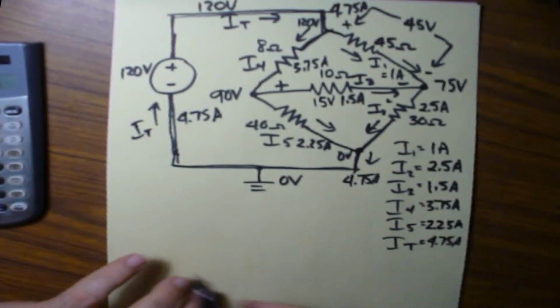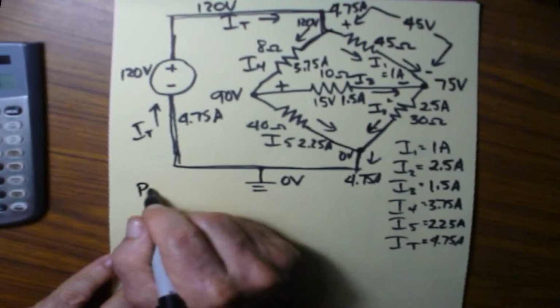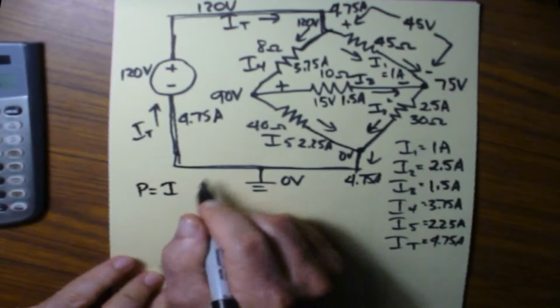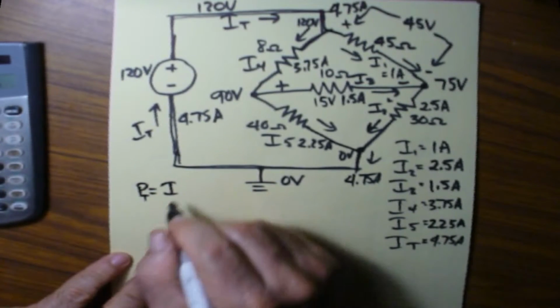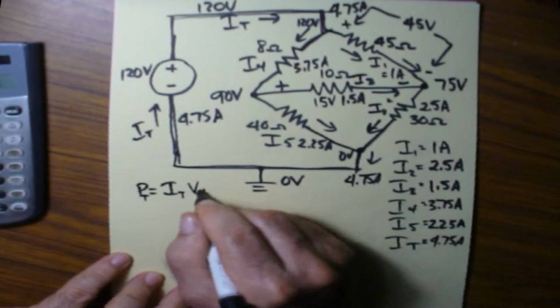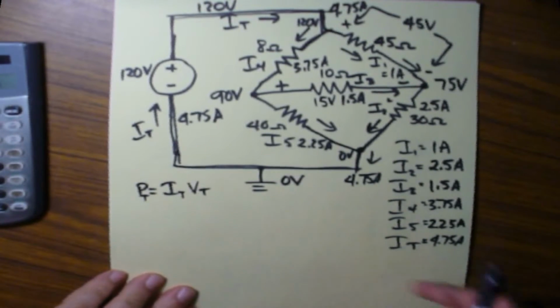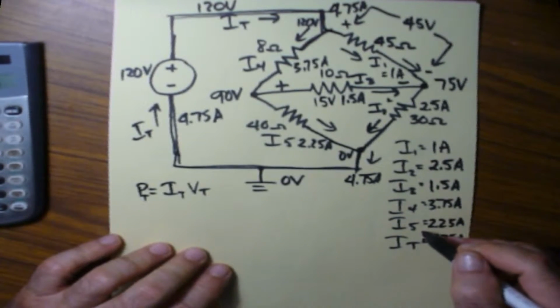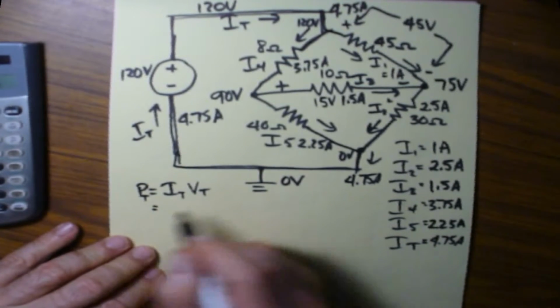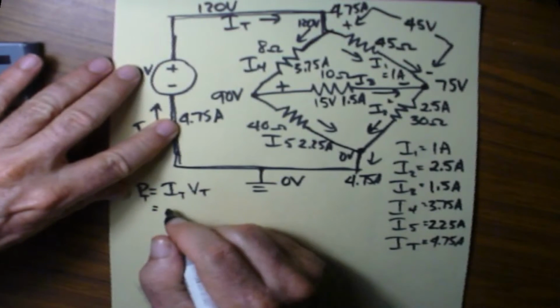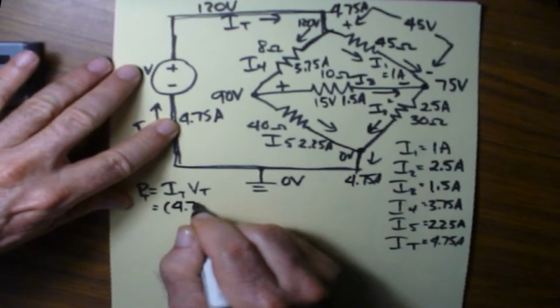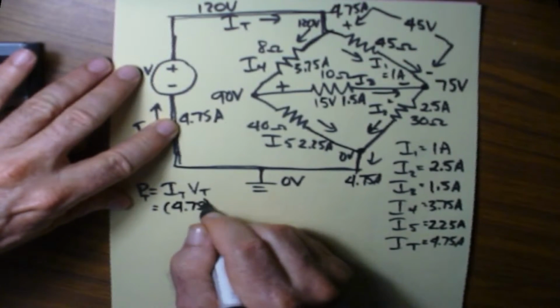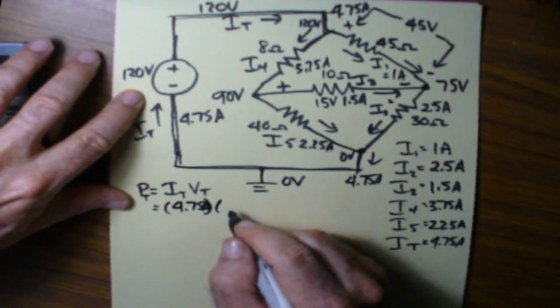Alright, so P equals IV. I'm going to set total power, I total, V total. Now there are two ways to work this out. Total power, we want P1 through P5 also. But the basic way is the total current is 4.75 amps times the total voltage, which is 120 volts.